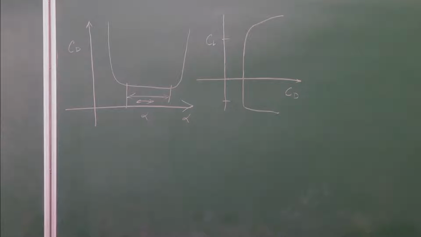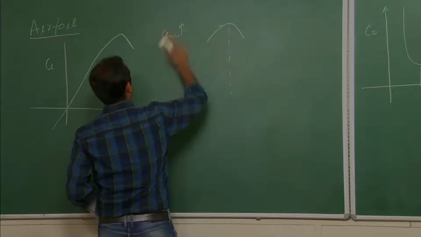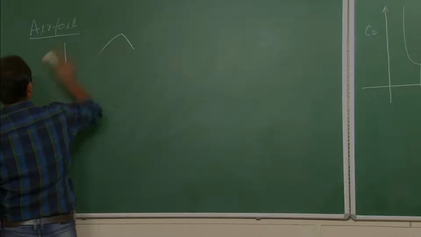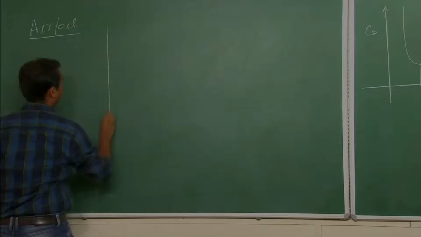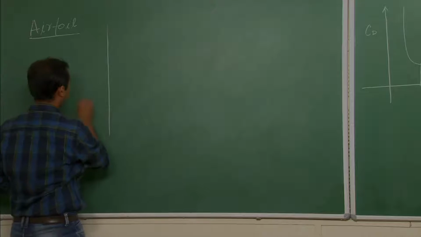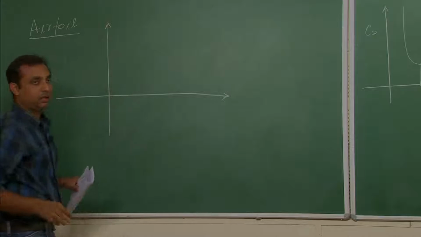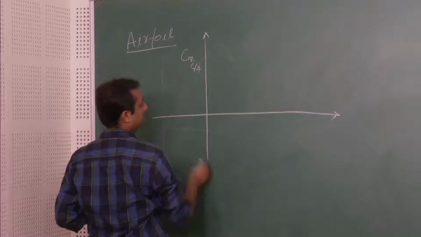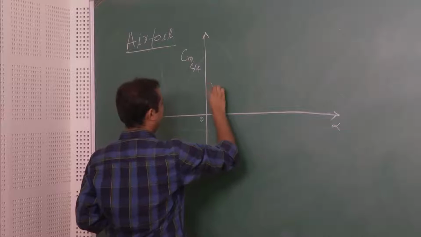Now, apart from these two graphs, the third graph which I will be looking at is your CM at c/4 versus alpha graph. For an airfoil, you will see a graph of CM at quarter chord versus angle of attack, and you will see it will vary a lot.